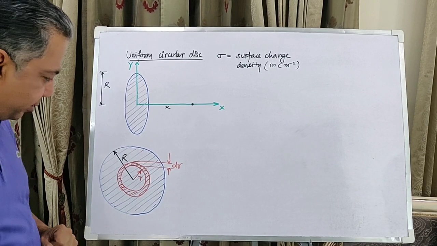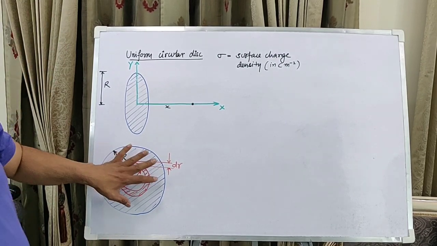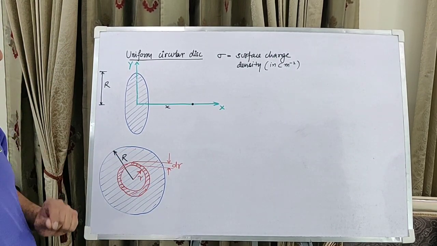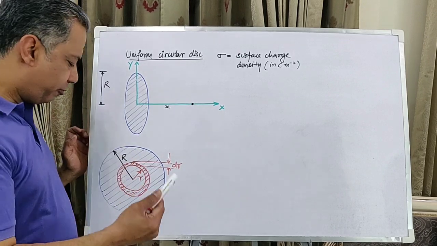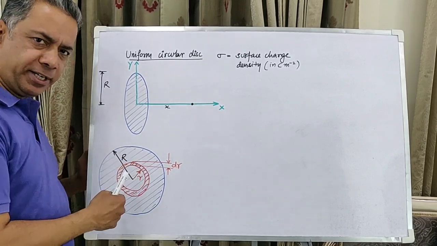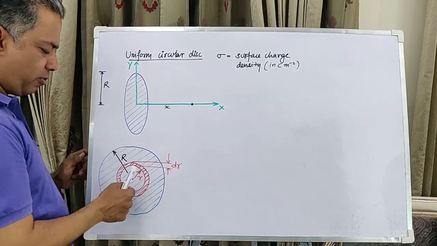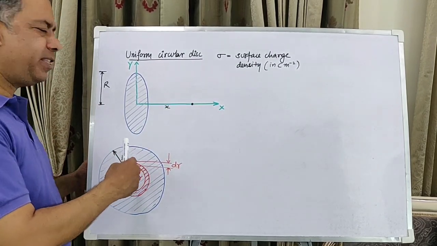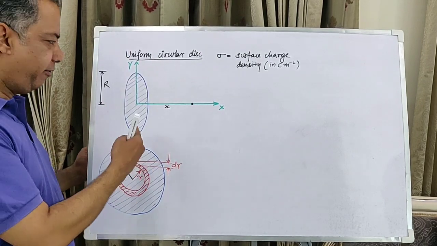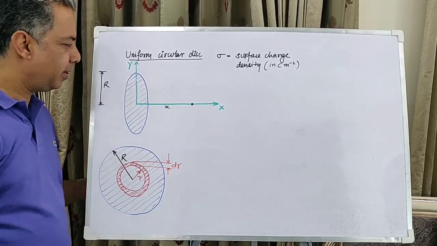Since we are aware of the formula for the electric field of a ring, we can use that formula to calculate the field due to one ring element, and then do a summation for the electric fields of all such rings.